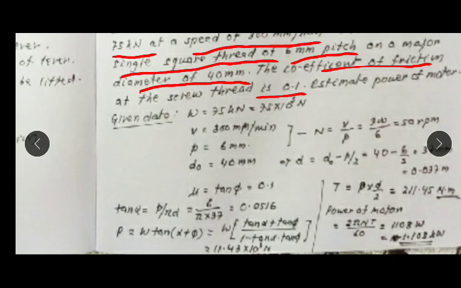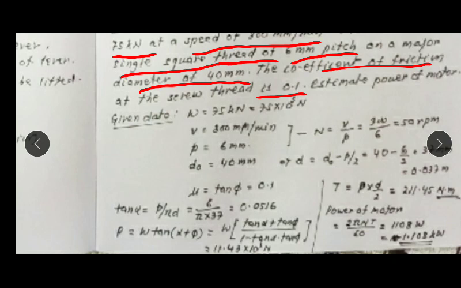So DO in mm and P in mm, that's why d equal to 40 minus 6 by 2 equal to 37 mm, which can be converted into meter by dividing by 1000, it comes 0.037 meter.